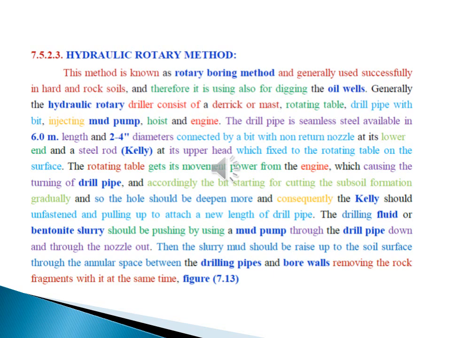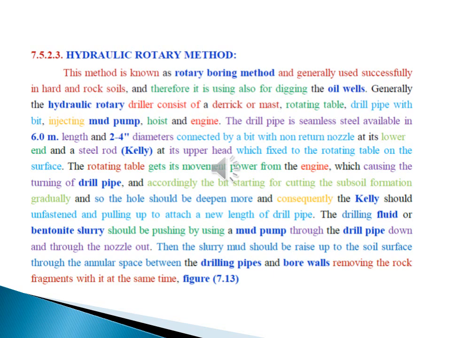The rotating table gets its power from the engine, which turns the drill pipe, and accordingly the bit starts cutting the subsoil formation gradually. As the hole deepens, the kelly should be unfastened and pulled up to attach a new length of drill pipe.